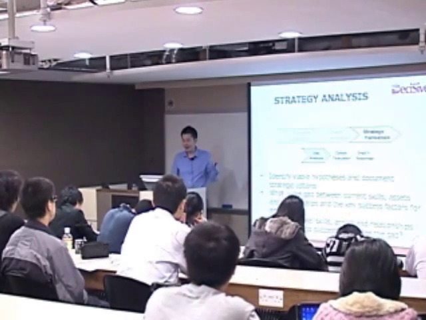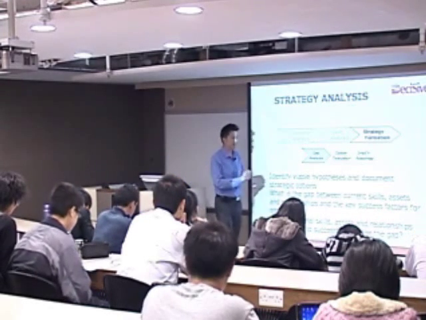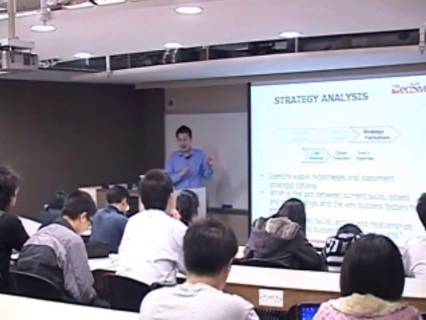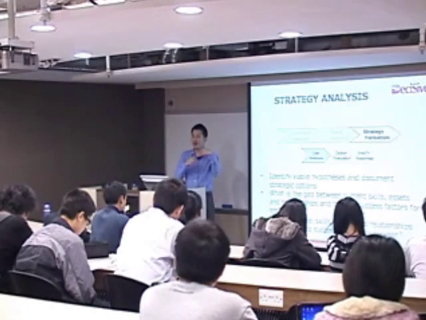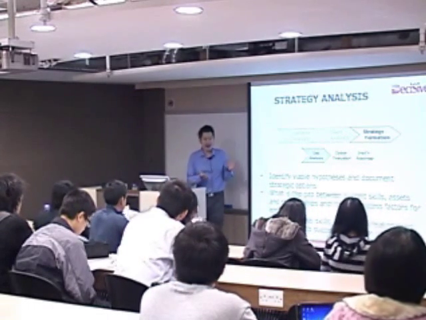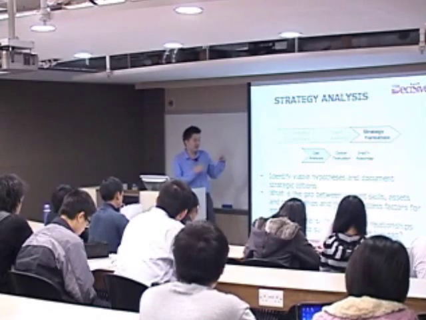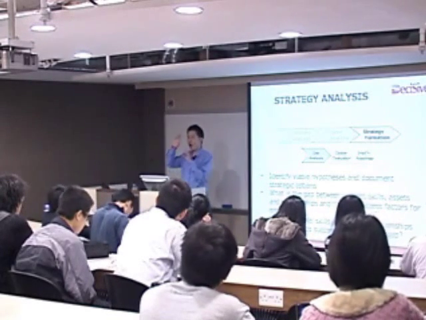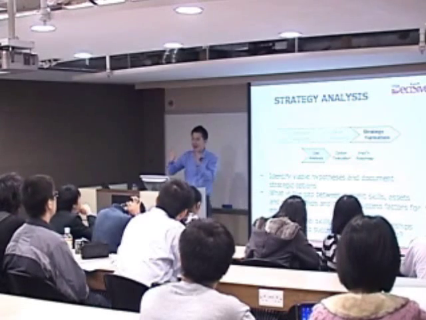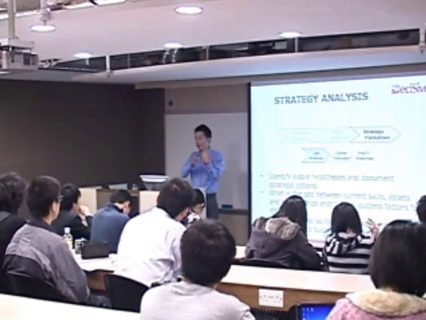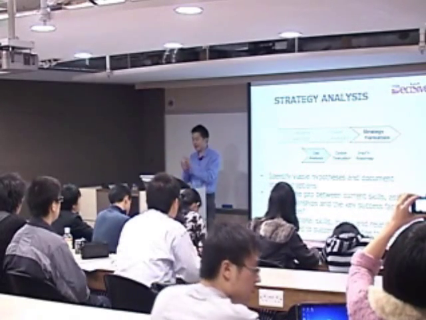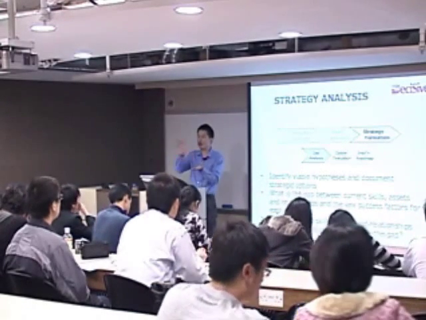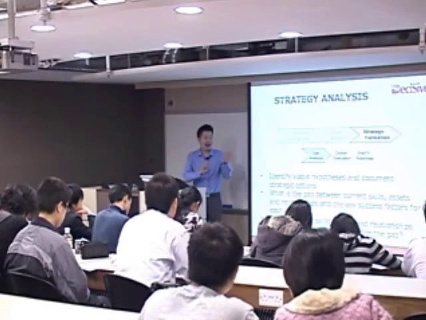So now on the strategy side, the gap analysis. What would be your hypothesis of the options and gaps in the market or gaps in your skill set, and how do you plan to close them, and how do you document these plans for closing the gaps, and what are the options?